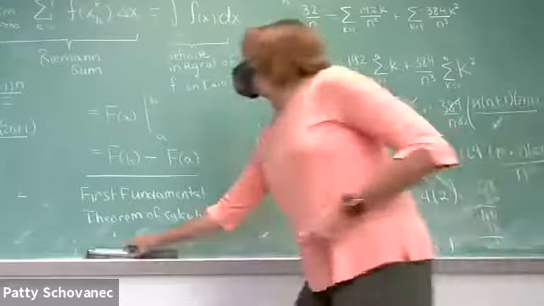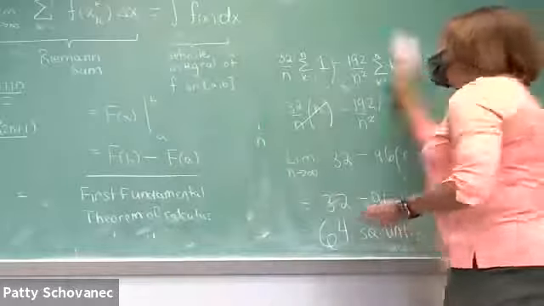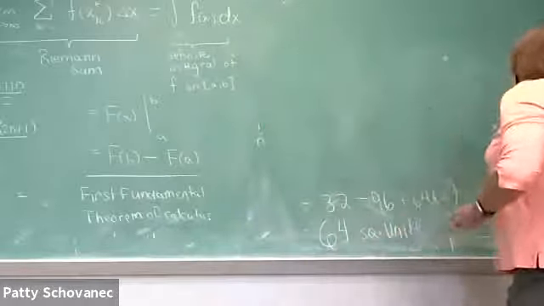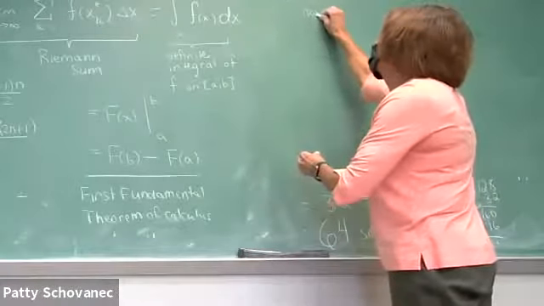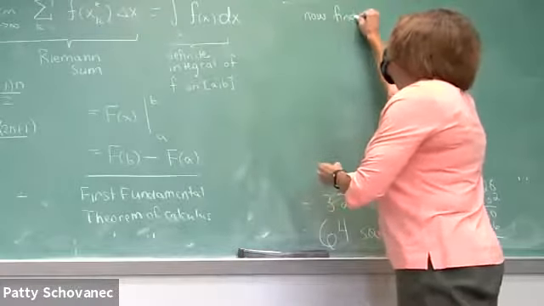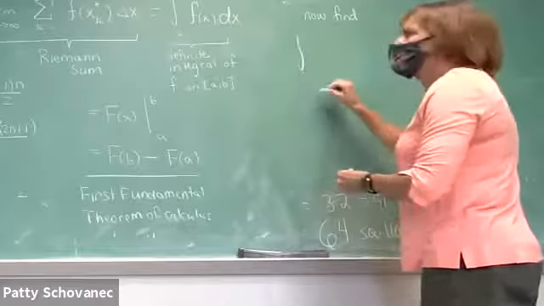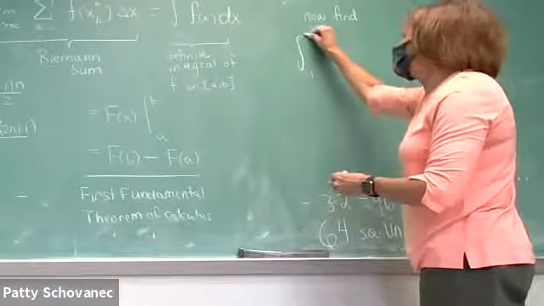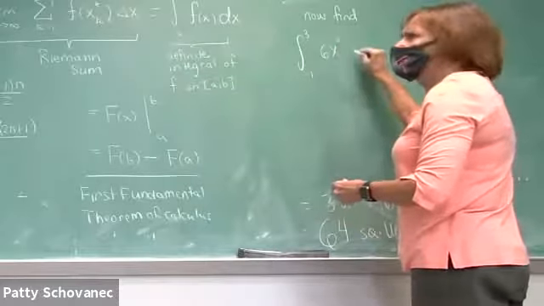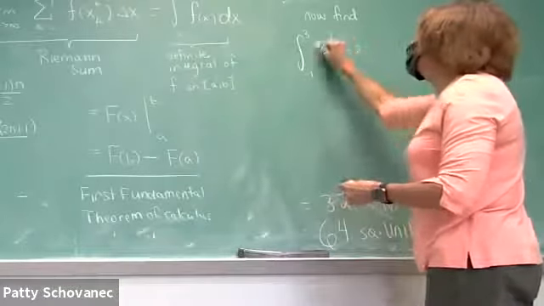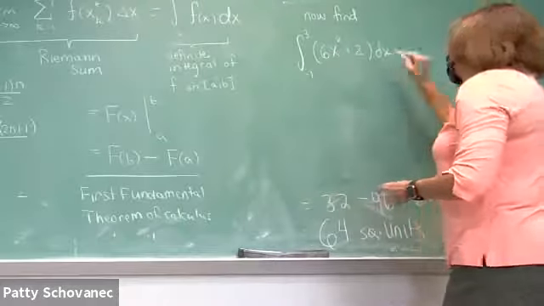Save that. And I want you to compute the definite integral from, what did I say, -1 to 3 of 6x squared plus 2 dx.